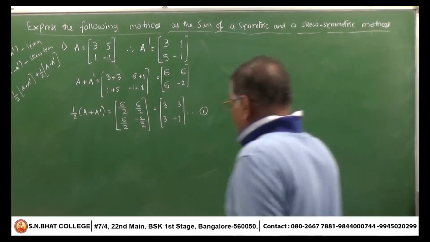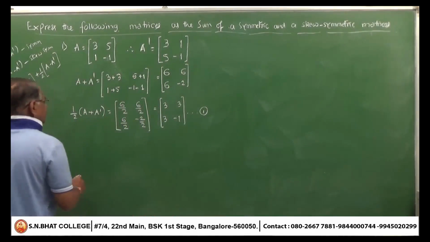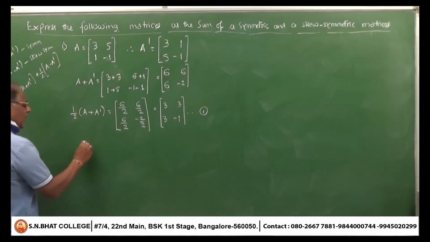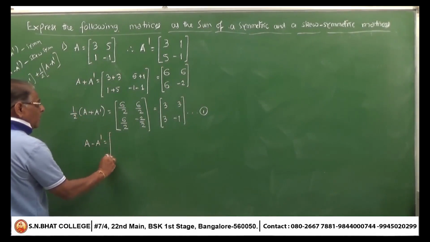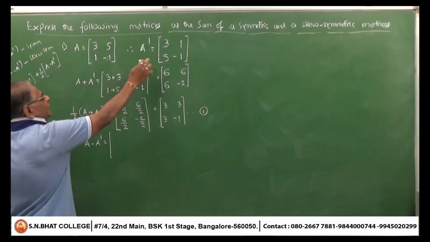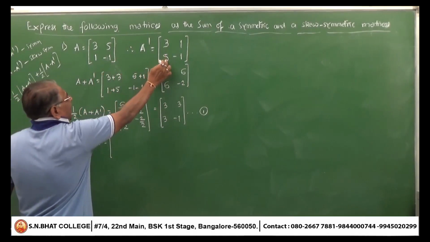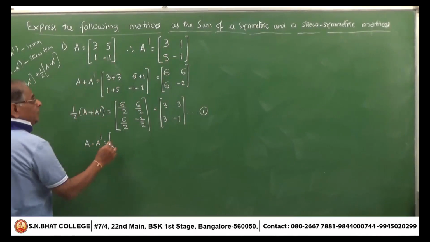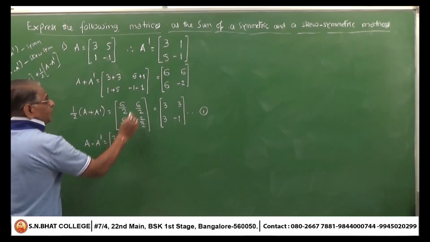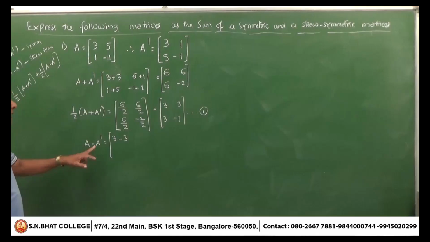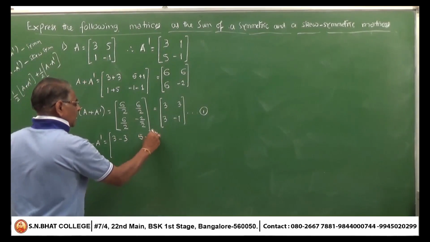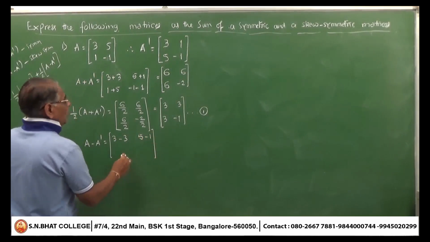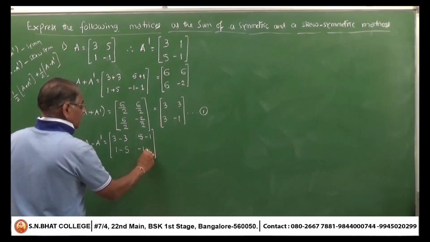Next you have to calculate half into A minus A transpose. We have to calculate A minus A transpose. This is A transpose. Subtract A transpose from A. This is 3 minus 3, 5 minus 1, 1 minus 5, minus 1 plus 1.